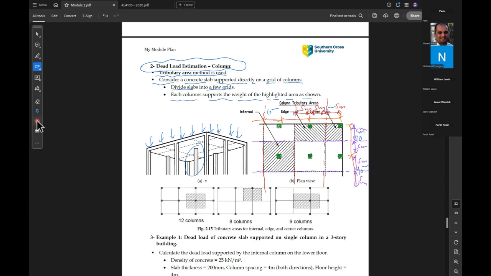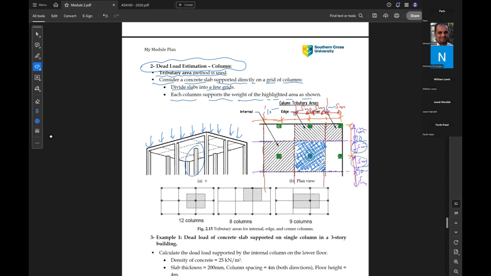If we look at the column in the middle, what is the supported area by this column? The supported area by this column is this blue area. Do you know the dimension of this area? 10 meters by 10 meters.